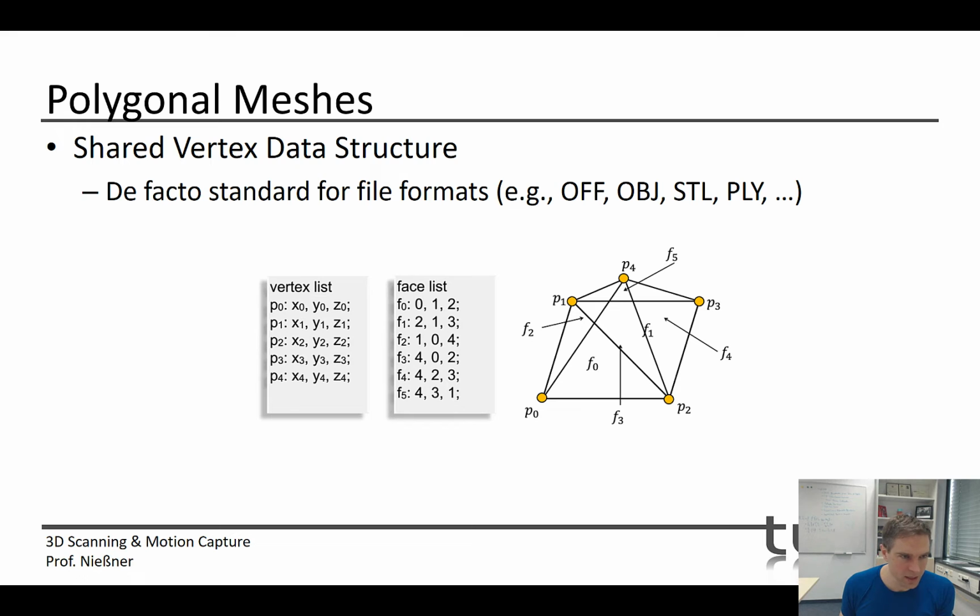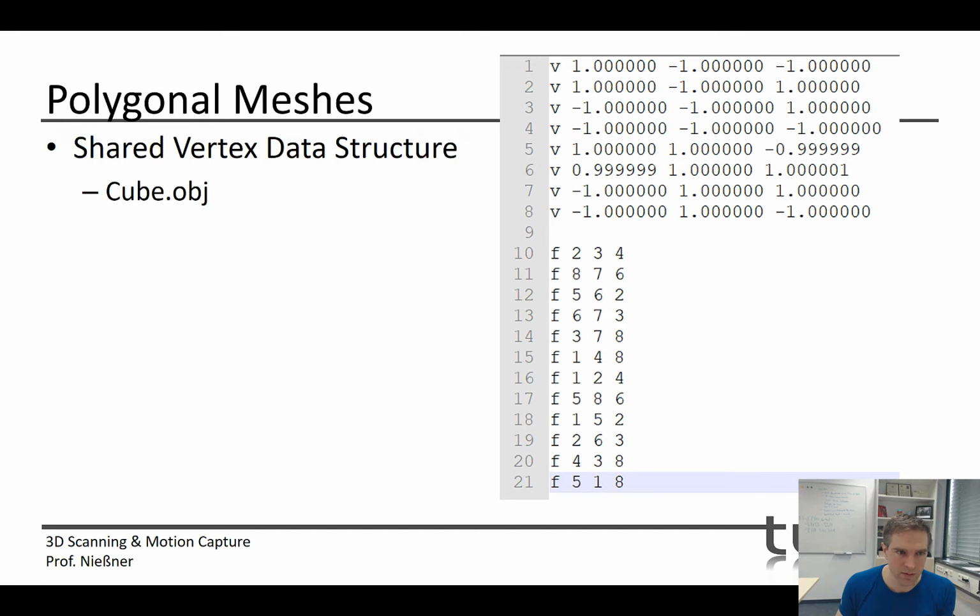Now, how does it look in practice? Here's an example of a cube. This is just a shared vertex structure. This is an OBJ file. This is something that you could load with MeshLab, for instance. MeshLab is a very good tool to visualize OBJ files, PLY files, and you can load these files with it. If you have a file like this one, you see there's a bunch of vertices.